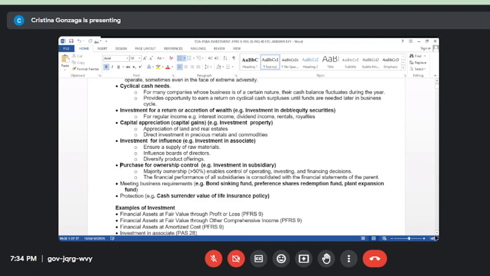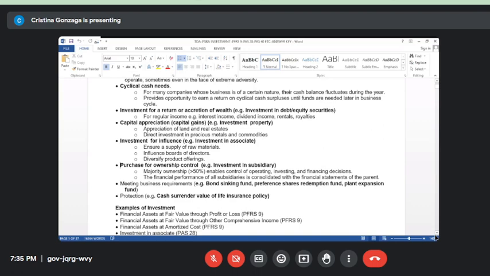Kaya nga ito yung sinasabi natin na dapat i-consolidate because there is parent-subsidiary relationship. Okay, the parent being the investor, so that majority of the outstanding common shares is owned by the parent. Okay?